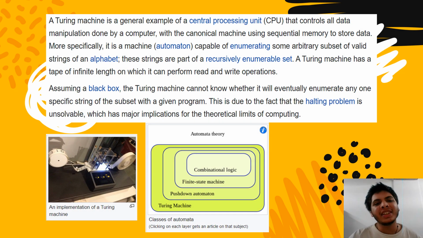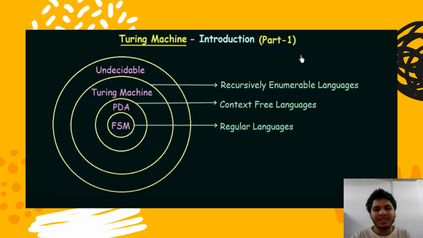A Turing machine is a general example of a central processing unit (CPU) that controls all data manipulation done by a computer. Here in the diagram, you can see the classes of automata. If you have studied classes of automata, you might be aware of the different machines and the kind of languages they accept. In this video, we are going to focus on Turing machines particularly.